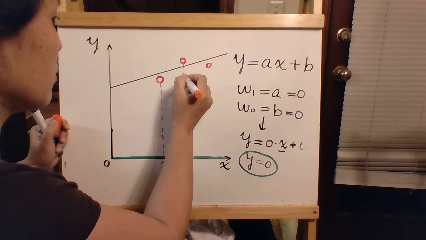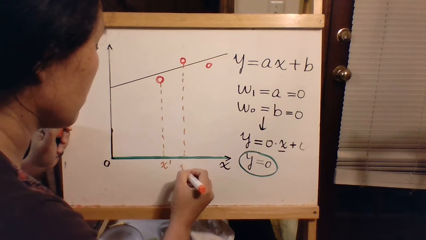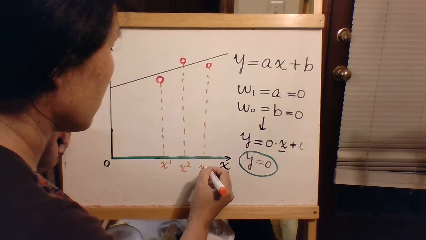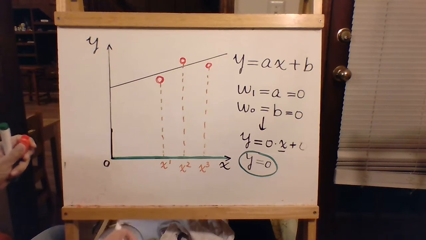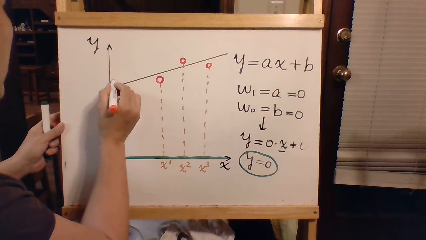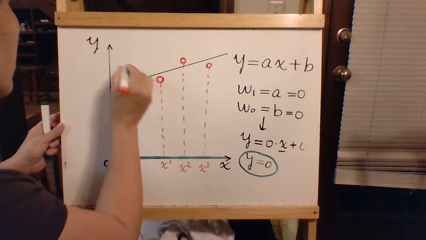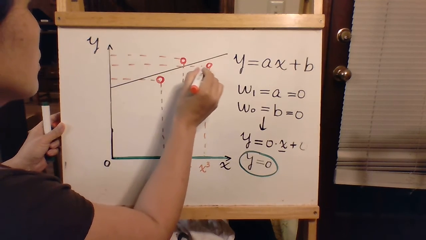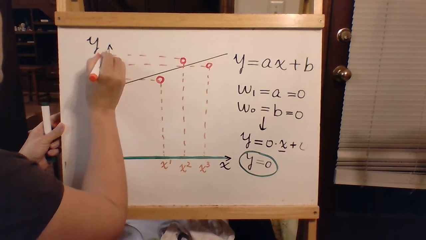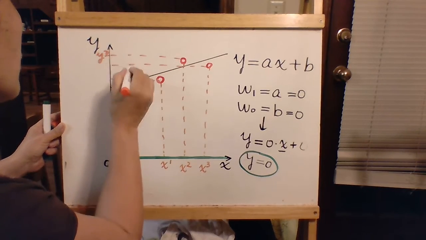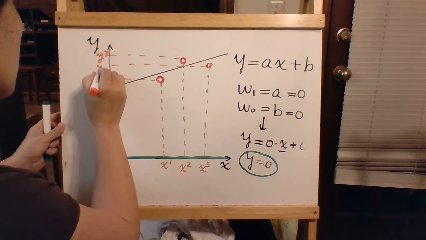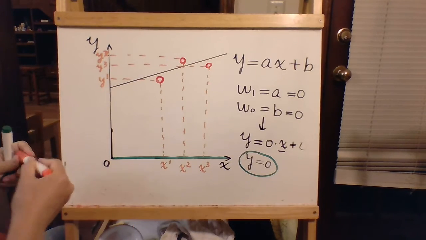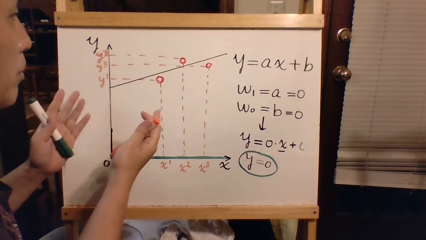This one has x2, and the other one has x3. And these are their actual y values: y1, y2, and y3.